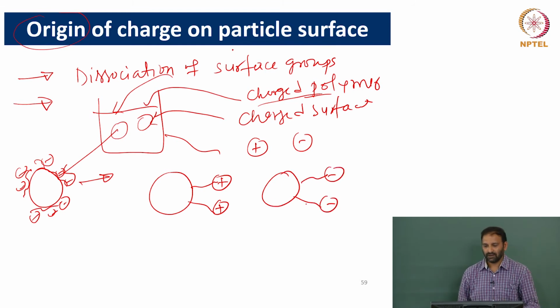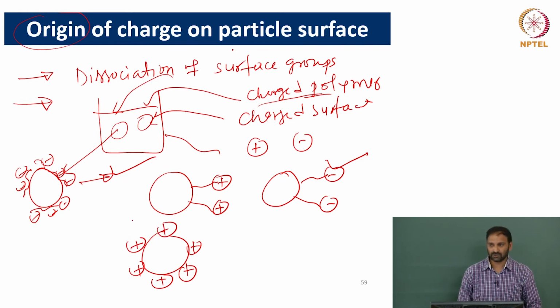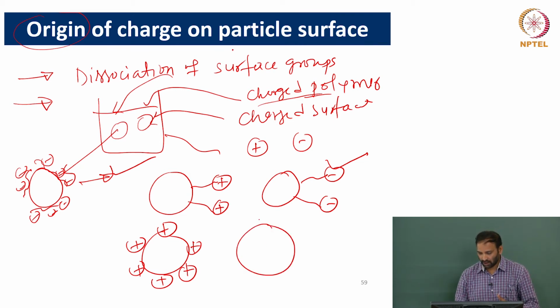Thereby the particles can acquire charge because of the adsorption of charged polymers, or adsorption of surfactants, or adsorption of charged ions itself. There could be physisorption or chemisorption of ions onto the particle surface, and that could lead to the charges on the particle surface.